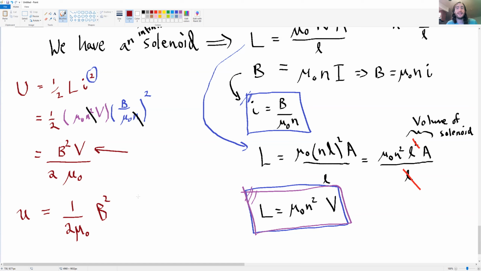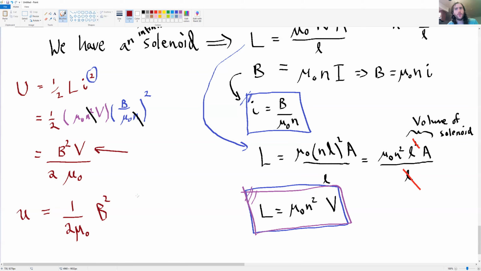And this formula works in general. This formula works in all cases. So it doesn't matter if you have a toroidal solenoid, a solenoid, a single loop of wire, or an infinitely long wire with a magnetic field circulating around it, this formula works.